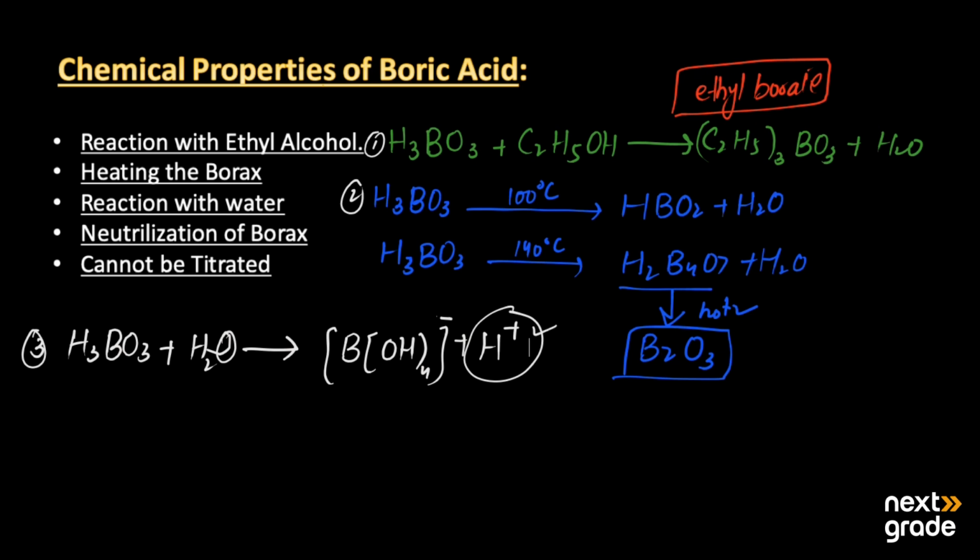Then we have the neutralization of boric acid. Neutralization means that as it is an acid, when it reacts with another solution, it is partially neutralized by one substance, that is caustic soda, and produces the borax. So this is neutralization to the borax. After that, it cannot be titrated.